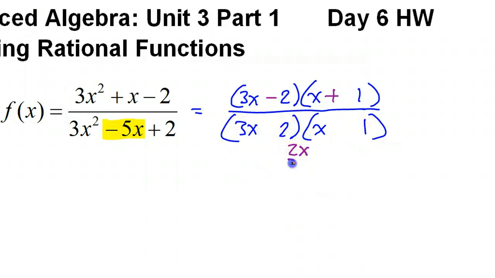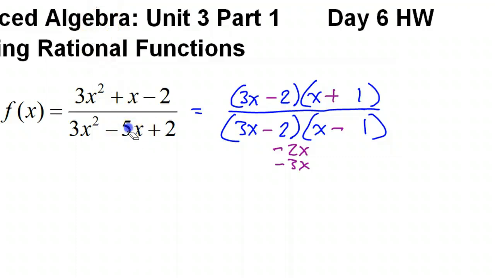Outer, I have 3x right now. I'm trying to get a middle of negative 5x. Is there any way I can get negative 5x out of a 2x and a 3x? Yes, if they were both negative. That would be negative 5x. That means both of these would have to be negative. Will that give me a positive 2? Yes, a negative times a negative is a positive. So this is now factored correctly.